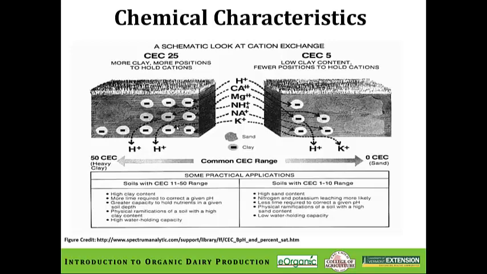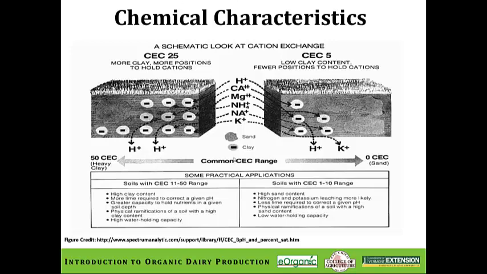So again, the cation exchange capacity is the ability for your soil to hold on to positively charged nutrients. As you learned probably early in science class, positives are attracted by a negative. So your negative soil should hold on to positively charged nutrients or cations.